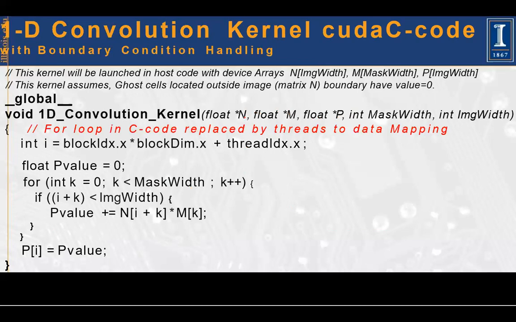So you can do host code every time. It is the same. Behavior is the same. However, kernel code changes for each problem. So we want to look at a kernel code for 1D convolution using CUDA-C and the same notation.